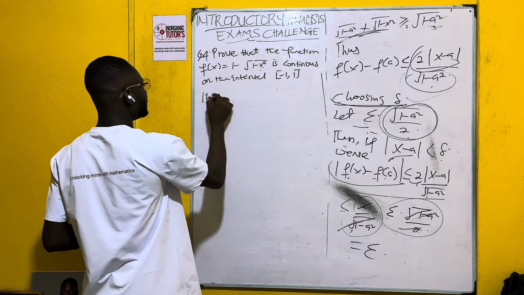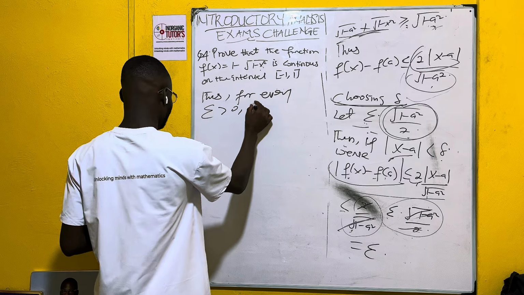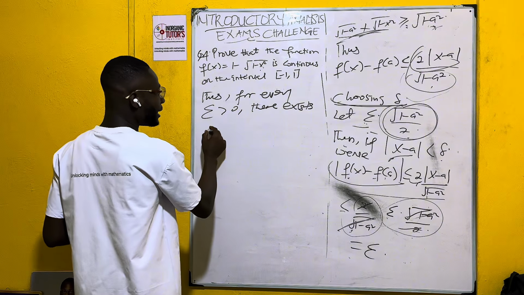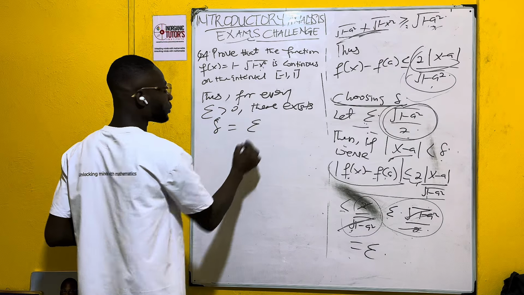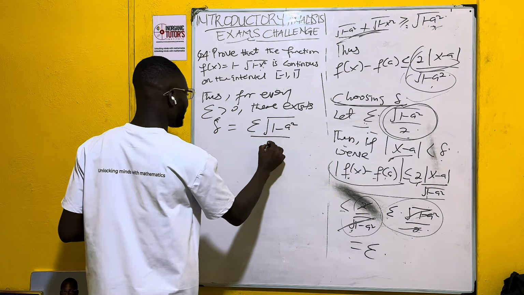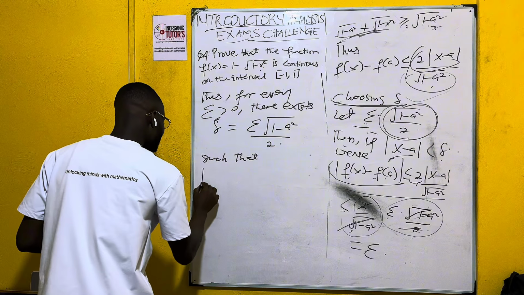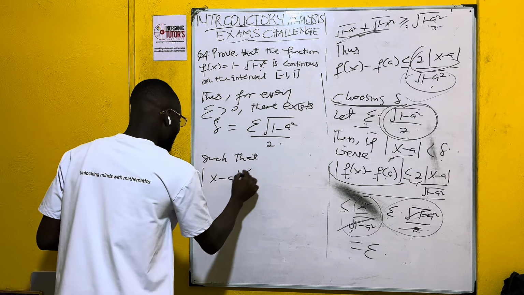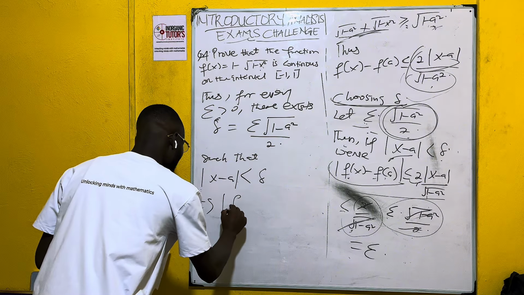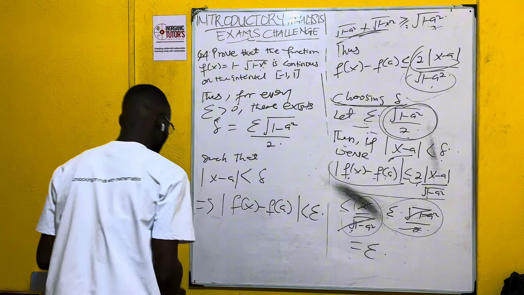We say that thus for every epsilon greater than 0, there exists delta equal to epsilon times square root of 1 minus a squared divided by 2, such that the absolute value of x minus a less than delta implies that the absolute value of f of x minus the function of the points is less than epsilon, right?